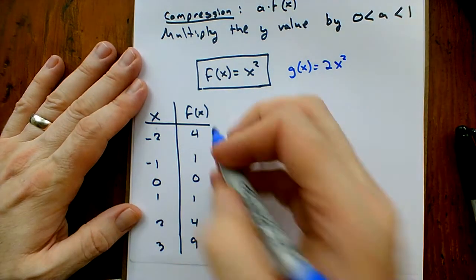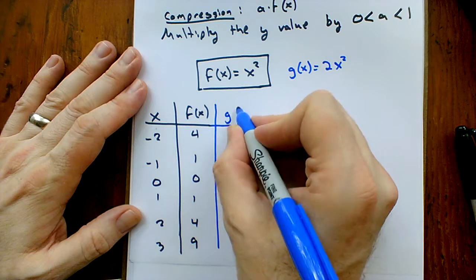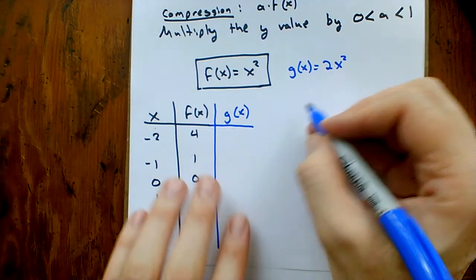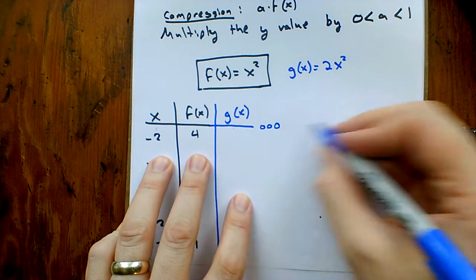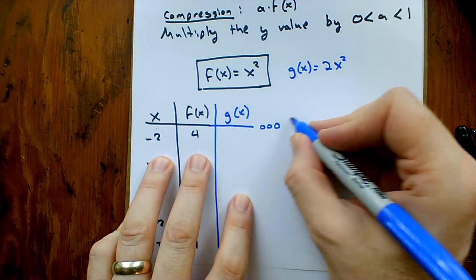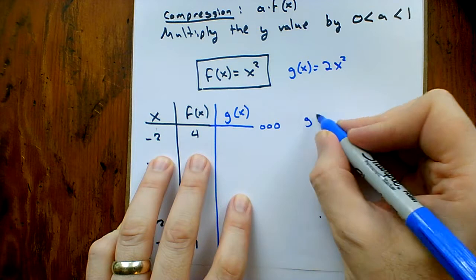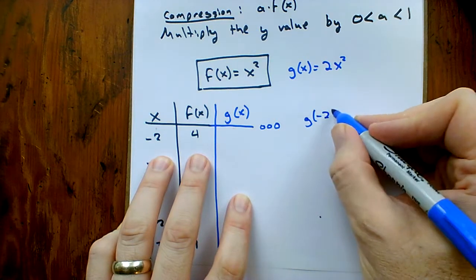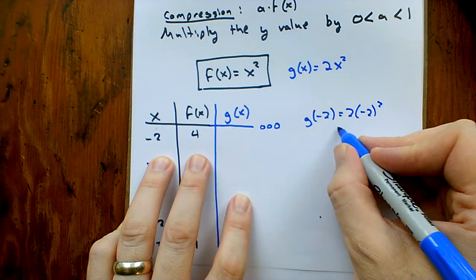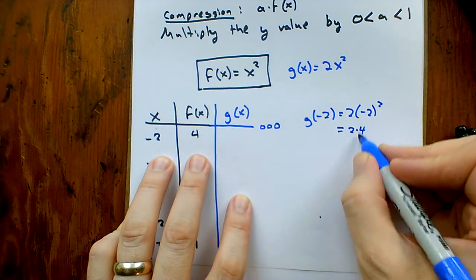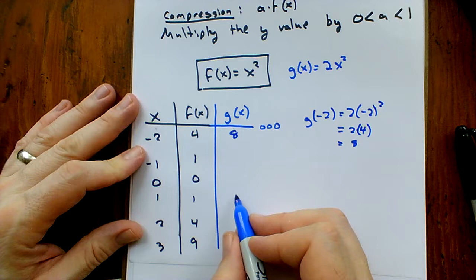So for my g of x, g of -2 would be 2 times -2 squared. That's going to be 2 times 4, or just an 8. This just doubles that value.